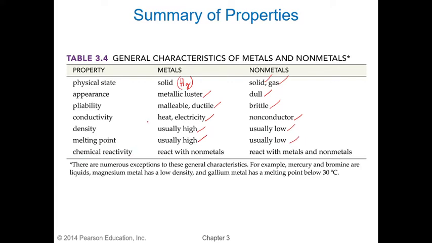Chemical reactivity, your metals will react with non-metals, and your non-metals naman will, parang reverse lang din siya, will also react with metals and itself. So may mga exemption kasi din yan.